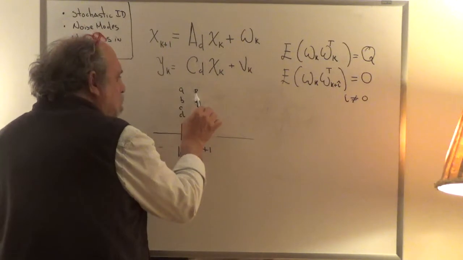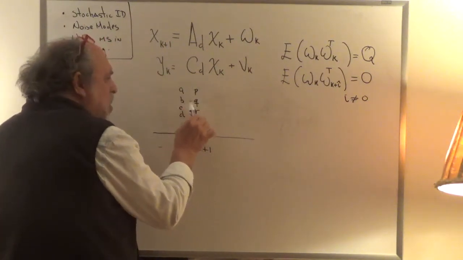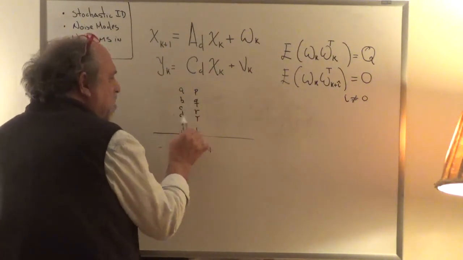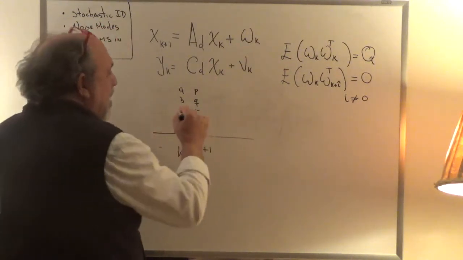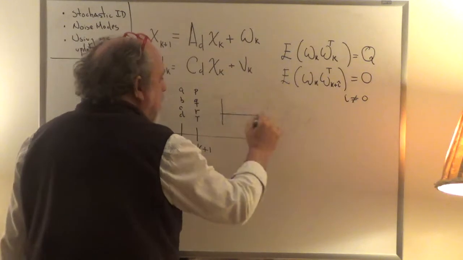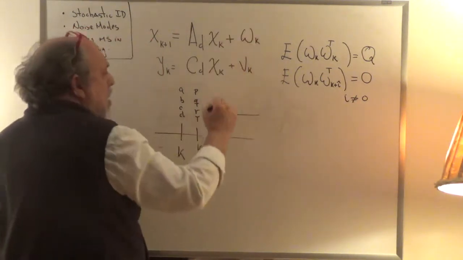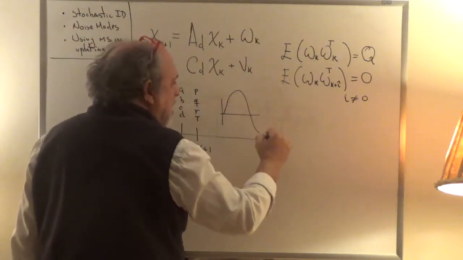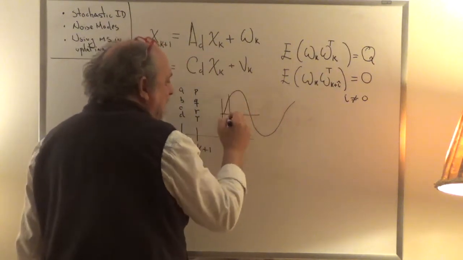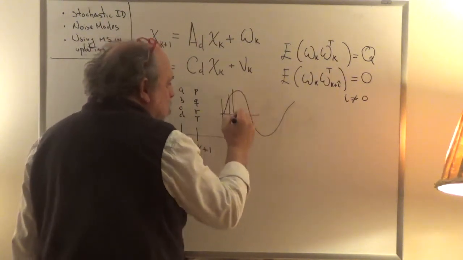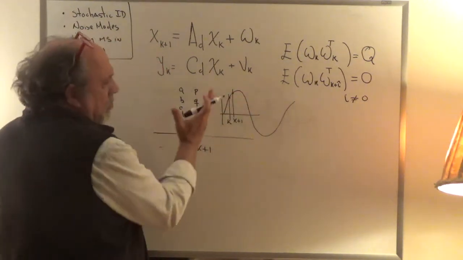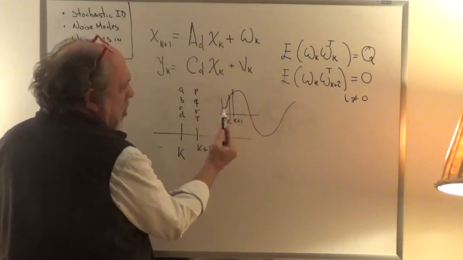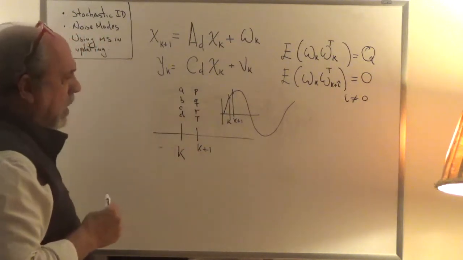This P has nothing to do with that A, or this Q with that B, or that R with that C, and so on, which is obviously not true if the loading were a sine, right? For example, if the load here had some pattern like this, then it's clear that if you have it at k plus 1, there is a relationship, right?